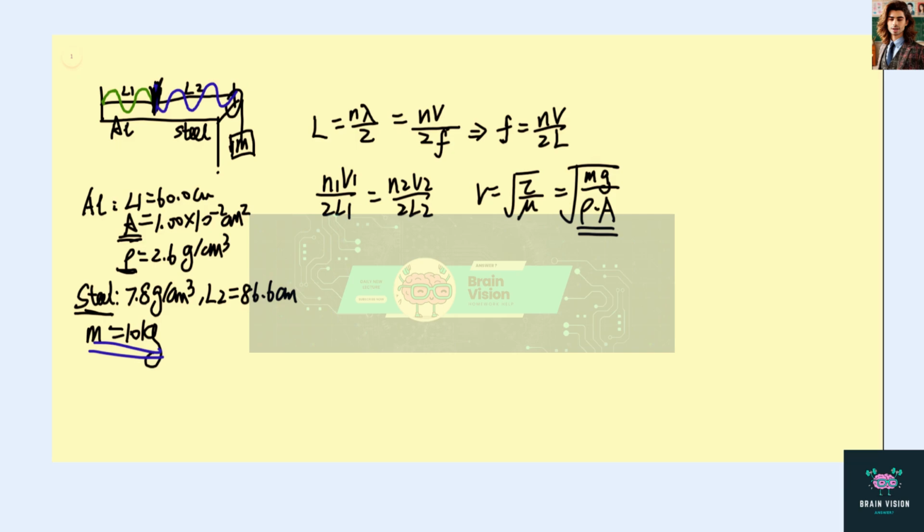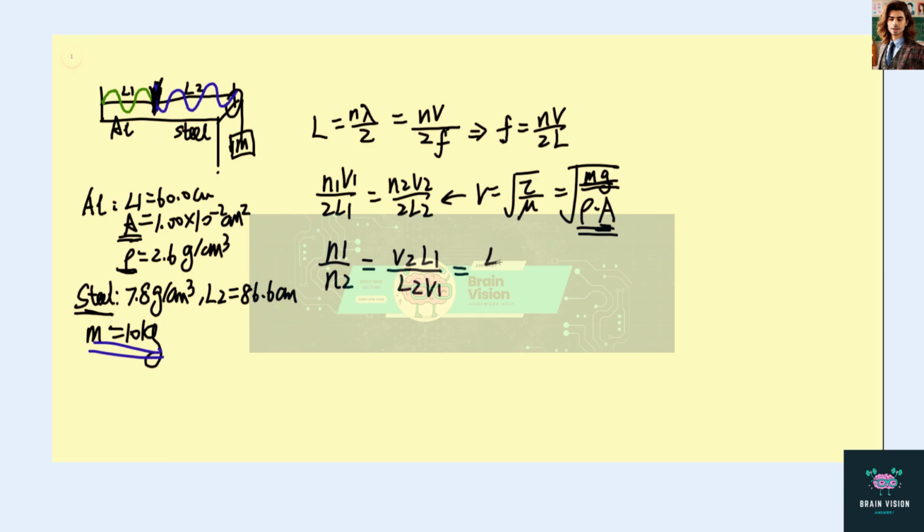If we plug it back, we can find the ratio of n1 over n2 equals v2 over L2 over v1 over L1. mg is the same for both of them, and A is the same for both of them, so that also cancels.